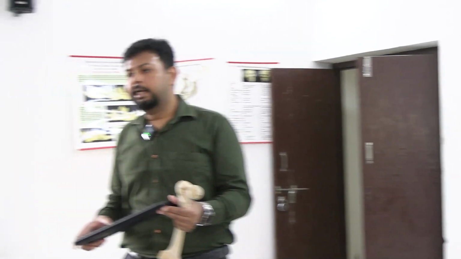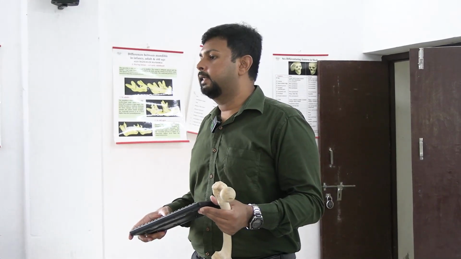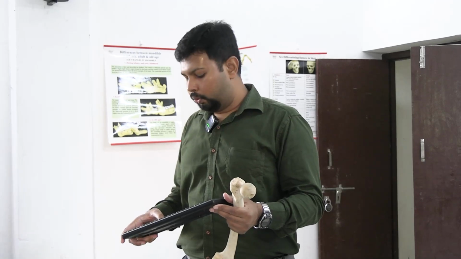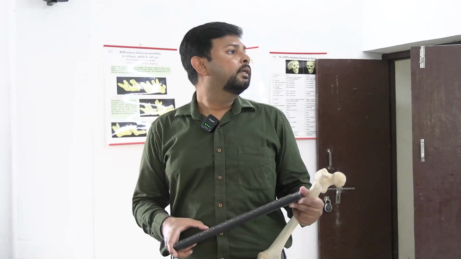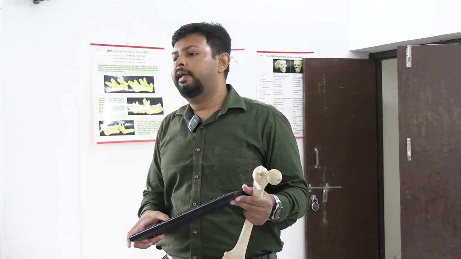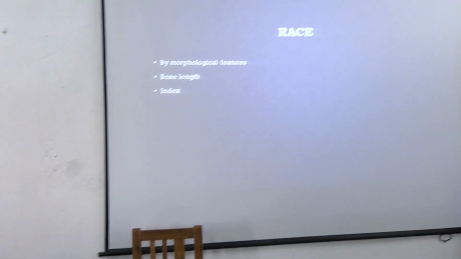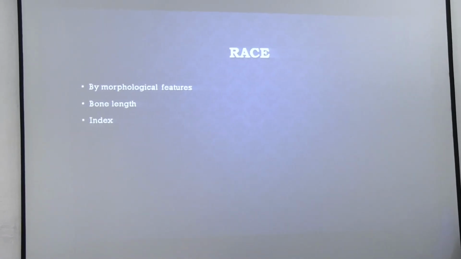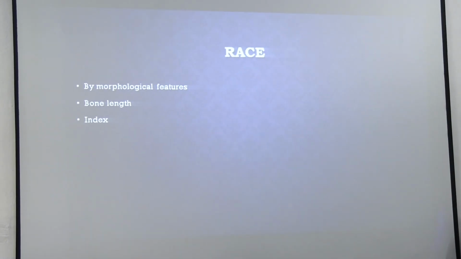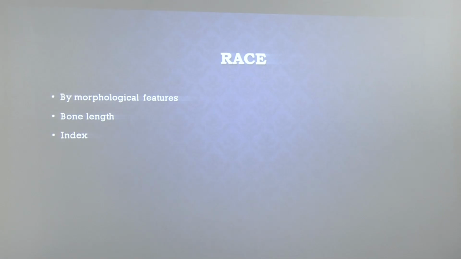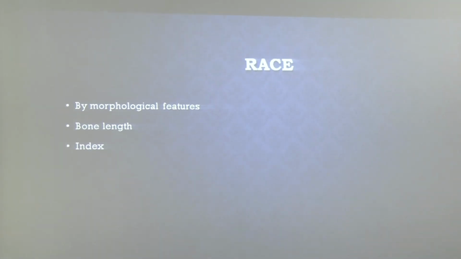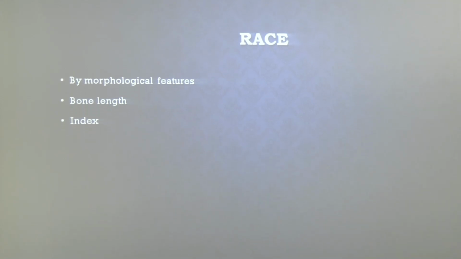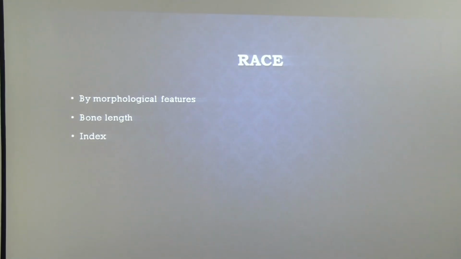For race, there are 3 parameters. Determination of race: there are indexes. Okay, I'll show you. Morphologic features are not very reliable, so they are not of much use. According to morphology, they say that in Africans the length is more, in Americans or Europeans the length is relatively lesser, and in Asians it is lesser.